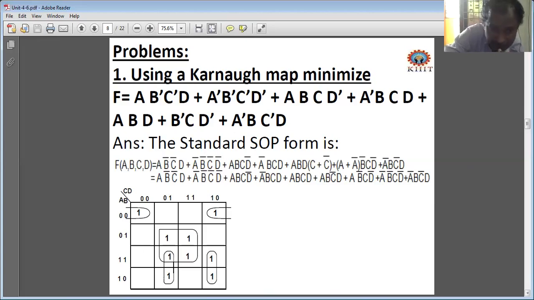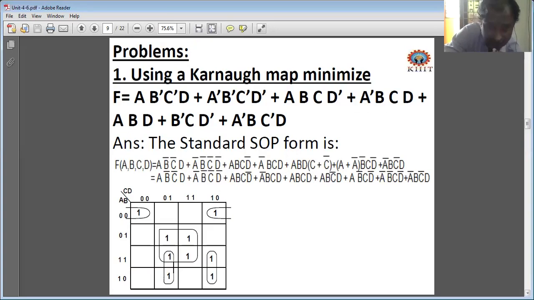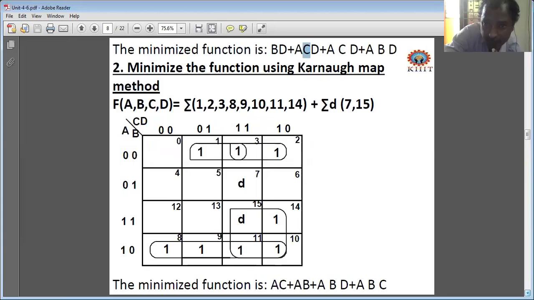Then for the remaining two terms, B is common here, D is common here, so BD. And the last one: for both, A bar, B bar is common, D bar is common. The bar is there, but not written here.